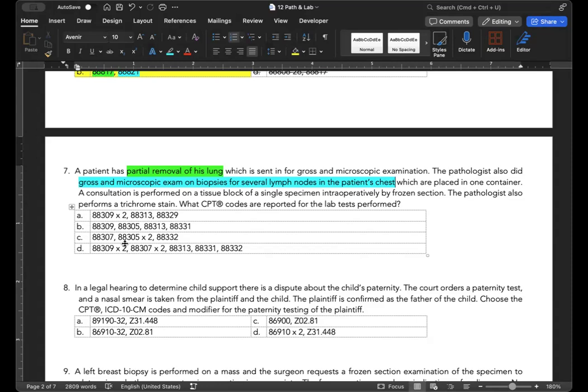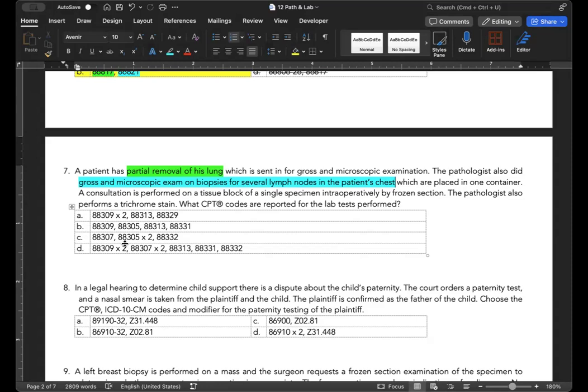So not only do you have to match the tissue, but sometimes, not all the time, you have to match what type of tissue it is and the reason why we are testing it. So there are some times that you're going to have, like in this case, lymph node in 2 different levels.